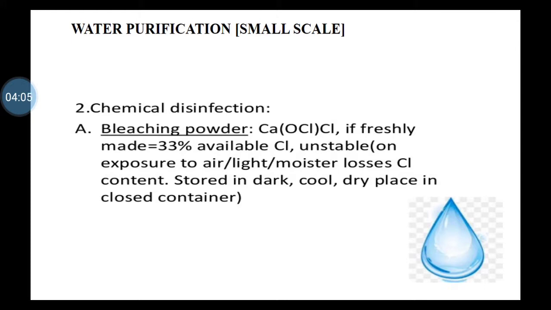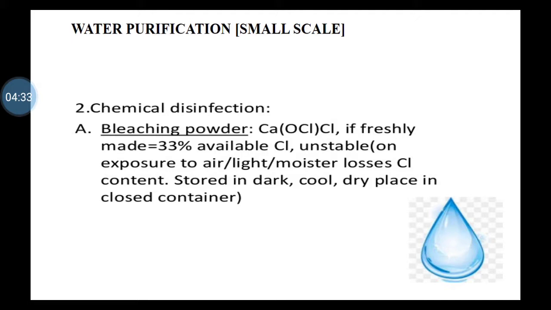Then the other method is chemical disinfection. So here chemicals are also used. Various types of chemical agents are there which are used for disinfection of water, isn't it? So one by one chemical I will let you know, and all these are chlorine containing compounds. Regarding chlorine also we have discussed. On large scale we have seen the purification method where three steps are important.